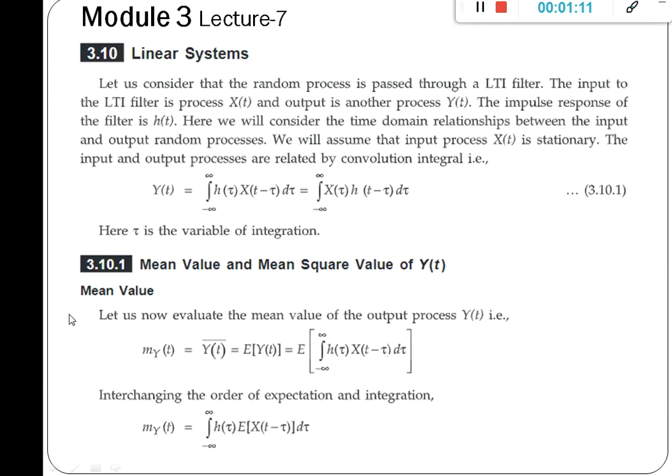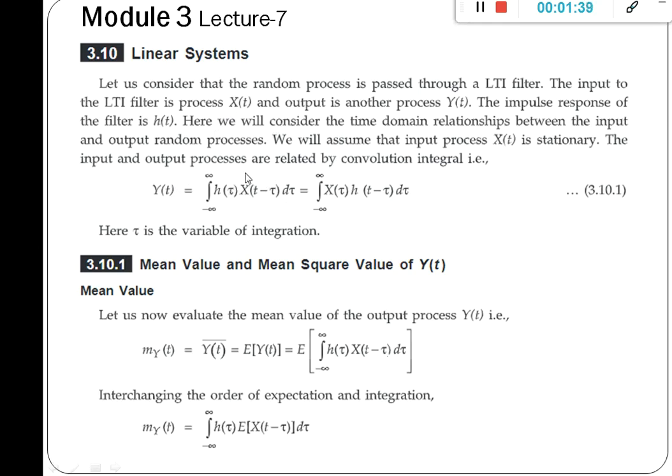Here we consider time domain relationships between the input and output random processes, and we consider that x of t is stationary. And we know that y of t is nothing but x of t convolved with h of t.